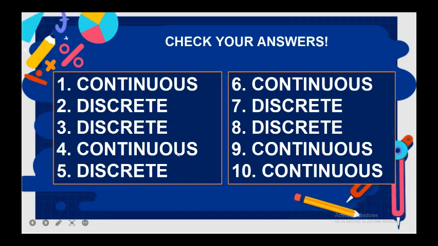Number 5, discrete. Number 6, continuous. Number 7, discrete. Number 8 is discrete. And for numbers 9 and 10, our answer is continuous.